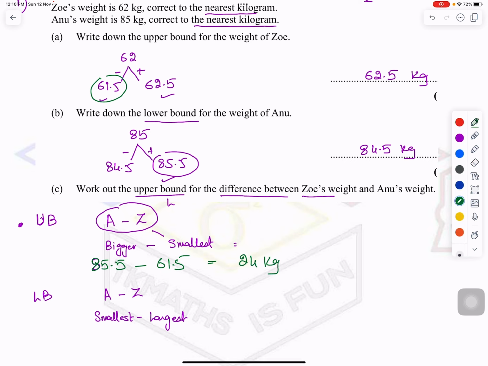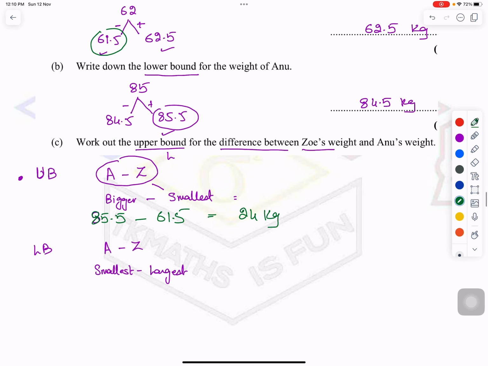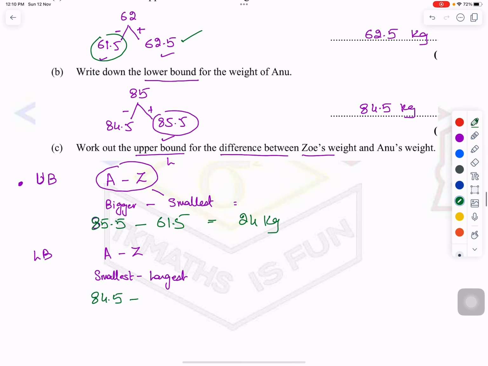If the question was asking to work out the lower bound for the difference, then I would have taken Anu's smallest, 84.5, and Zoo's largest, 62.5, right?